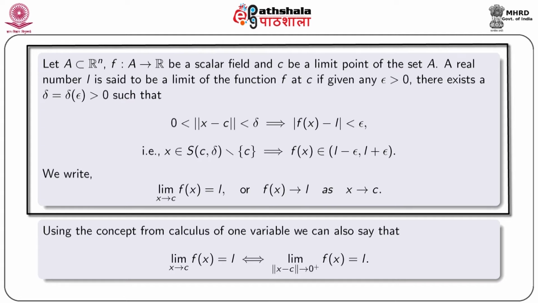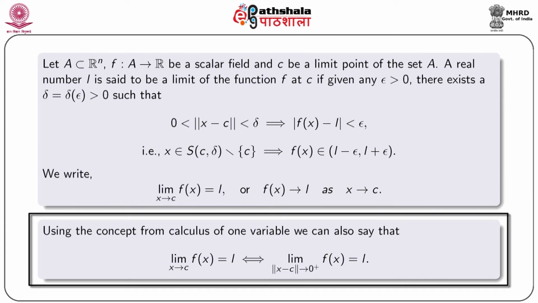That is, whenever x lies in the open sphere with center c and radius delta punctured at its center, then we must have f(x) in the open interval L minus epsilon to L plus epsilon. In such a case, we write limit of f(x) as x tends to c equal to L, or f(x) tends to L as x tends to c.